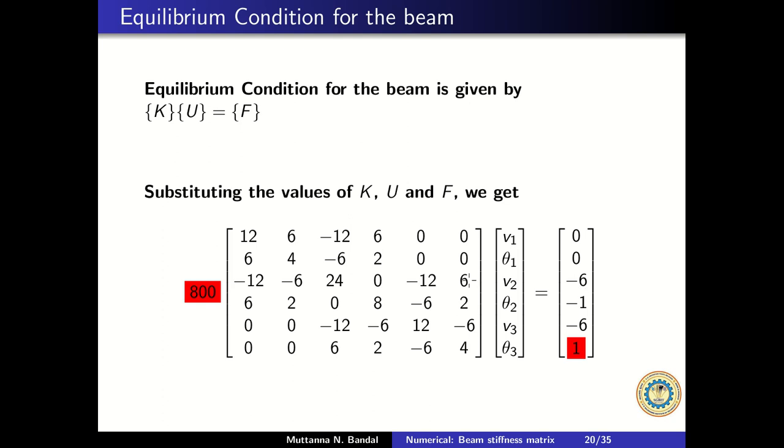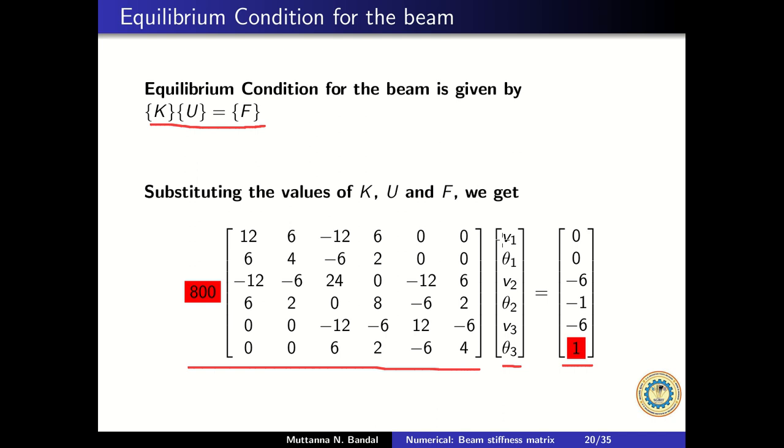So go here, and this is the equilibrium equation: K into U is equal to F. K is from the global stiffness matrix, these are from the displacement vector, and these are from the load vector. Now I will substitute the boundary conditions.